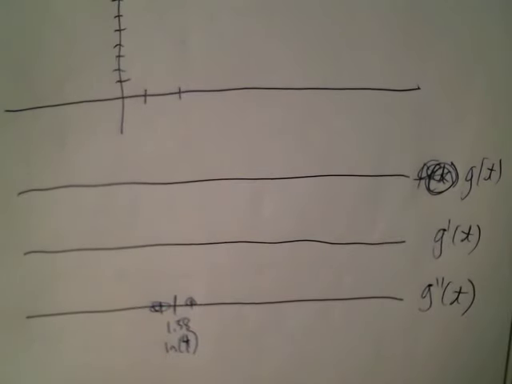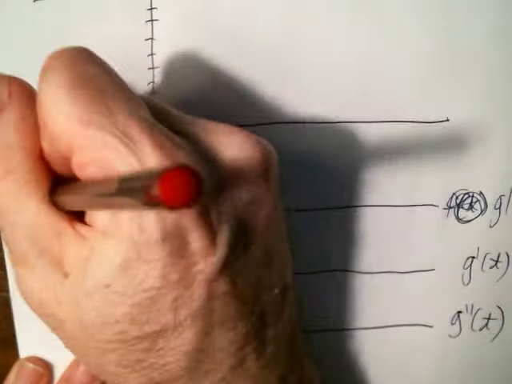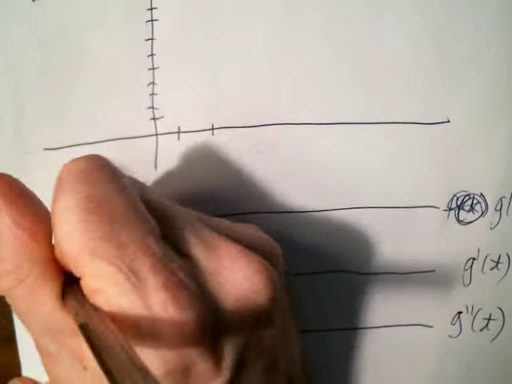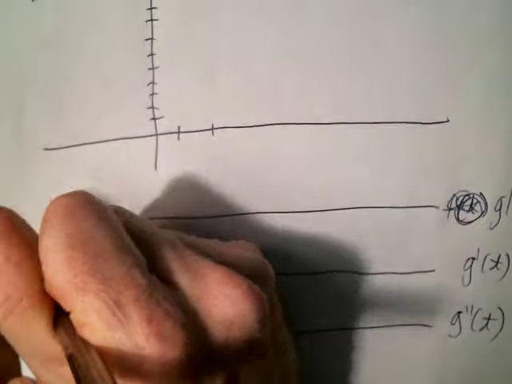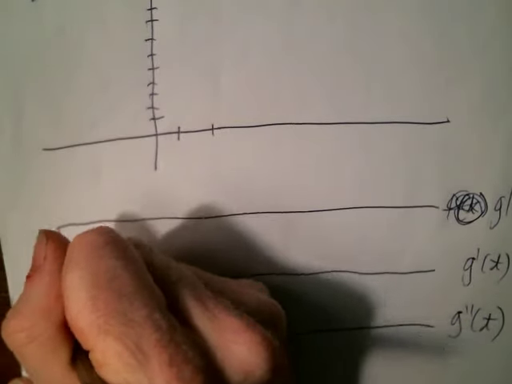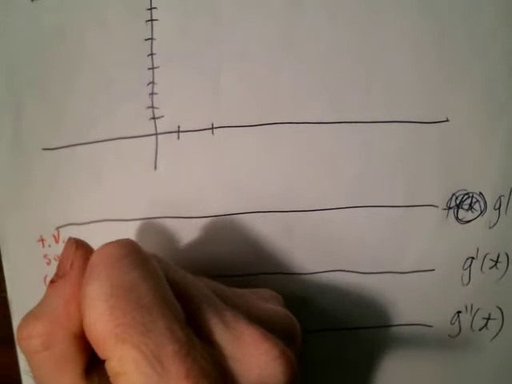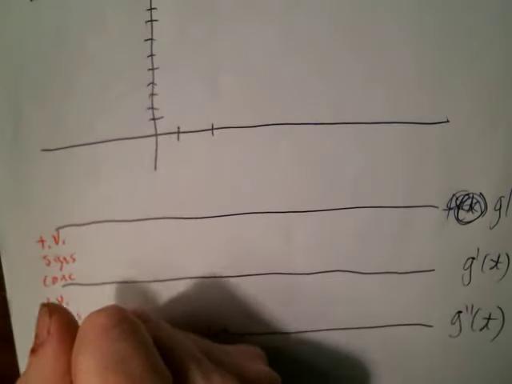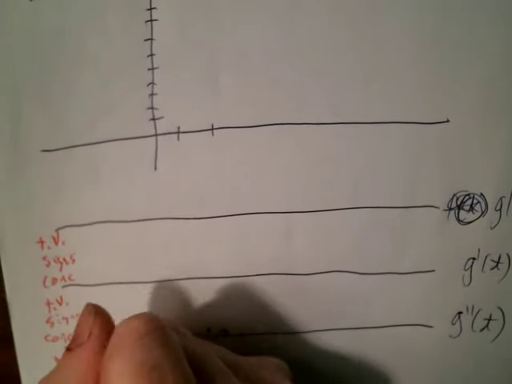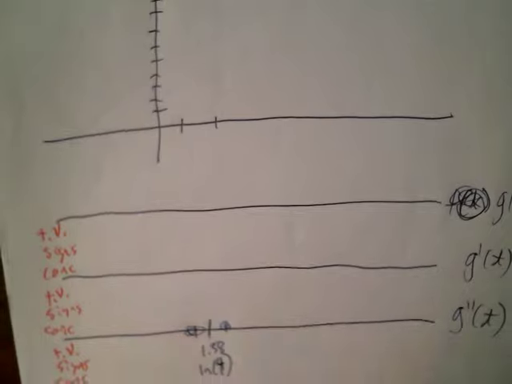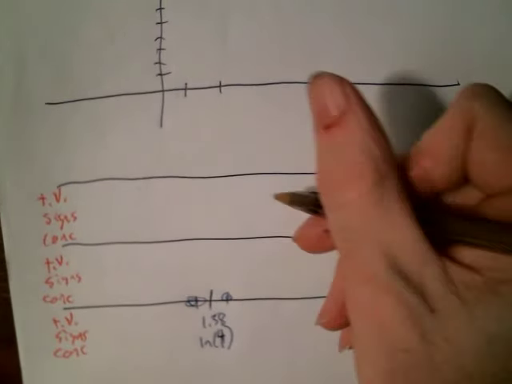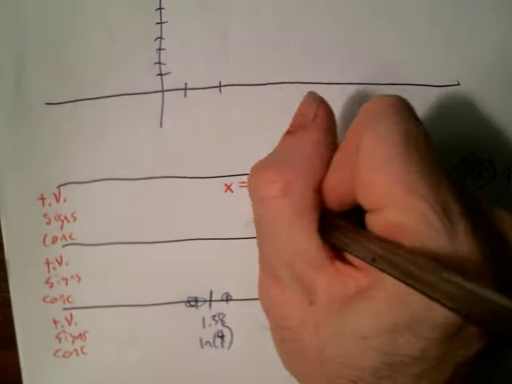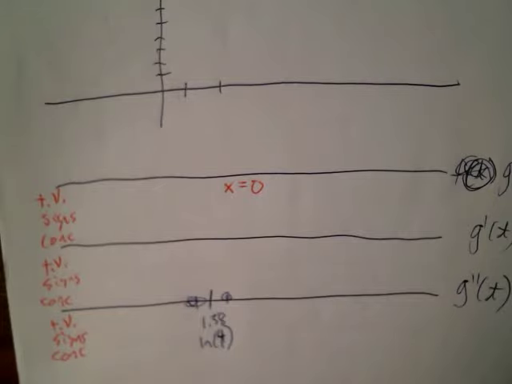Okay, so you need to go through and get your test values, signs, and conclusions. So test value, signs, conclusions, test value, signs, conclusions. You do any test value, try t is 0 here.